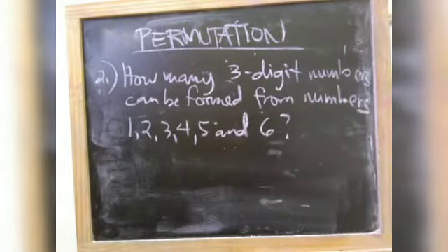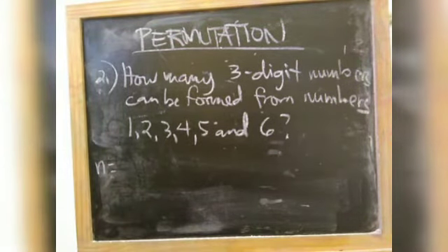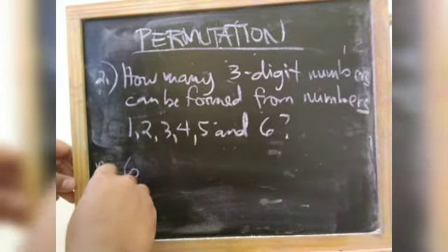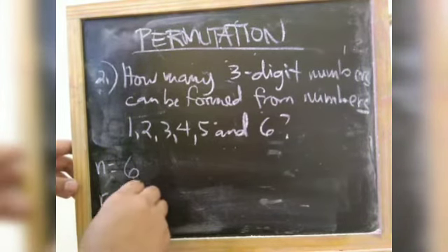Let's have now this example here. How many 3-digit numbers can be formed from the numbers 1, 2, 3, 4, 5, and 6? So, let's first determine the number of objects that we're about to choose from. There would be 6. And the actual number of objects that we have to pick up and arrange would be 3, since we will be needing a 3-digit number.